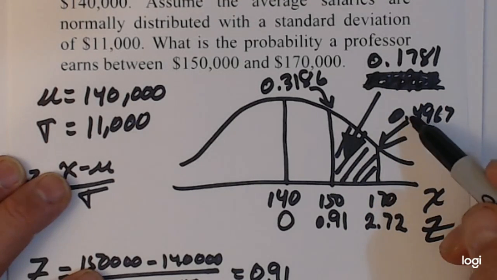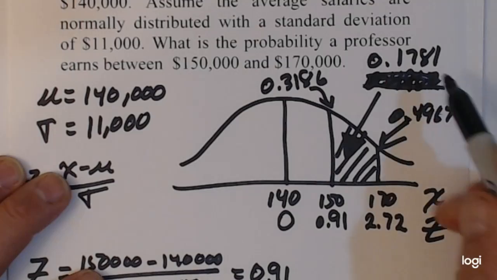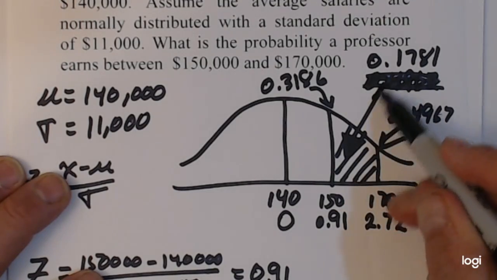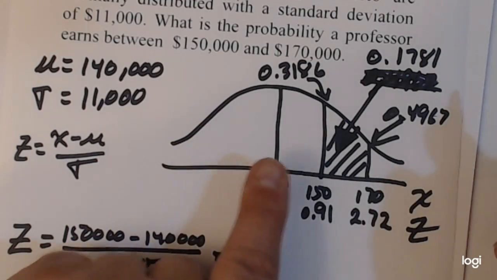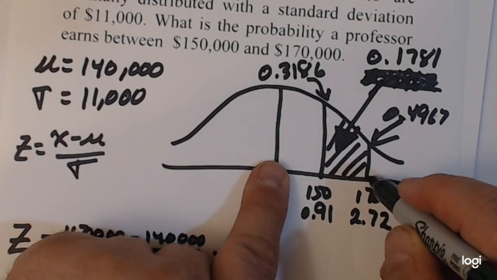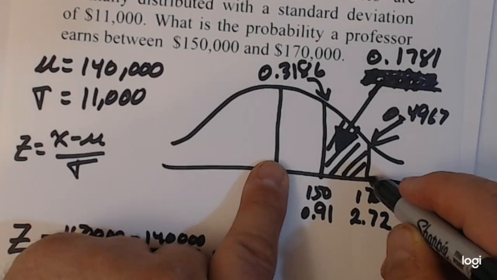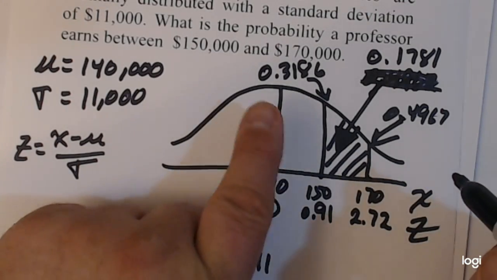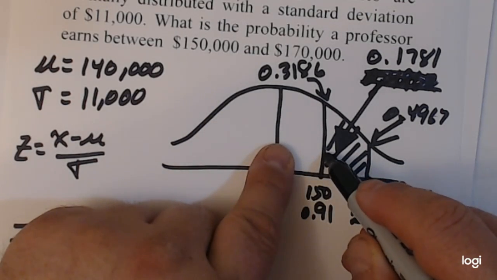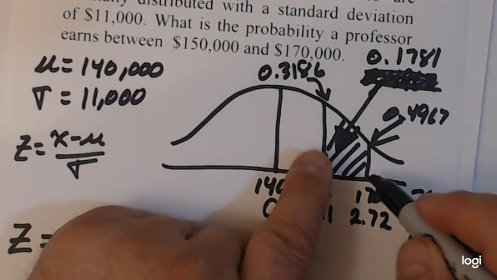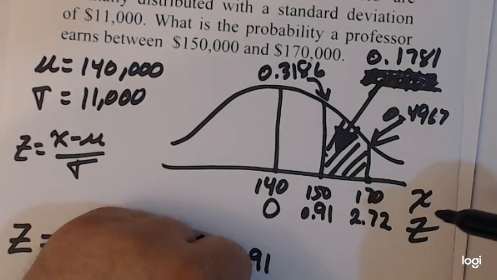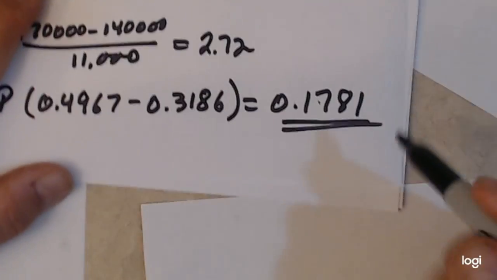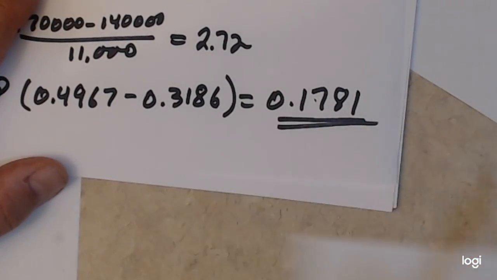This should be 0.4967 down here, and the area is 0.1781. So what I did was I took the area from the mean to here, the larger area, and then I subtracted off the area from the mean to here, the smaller area, and that gave us the difference between the two, which is 0.1781.